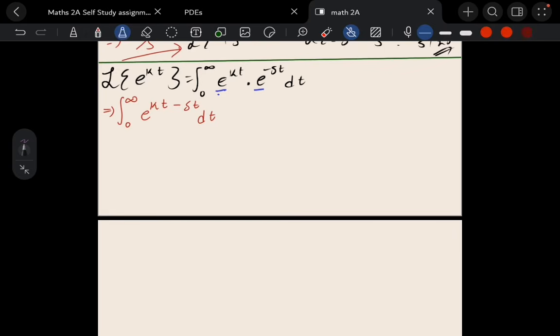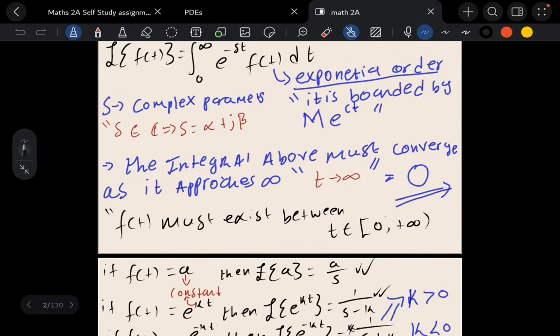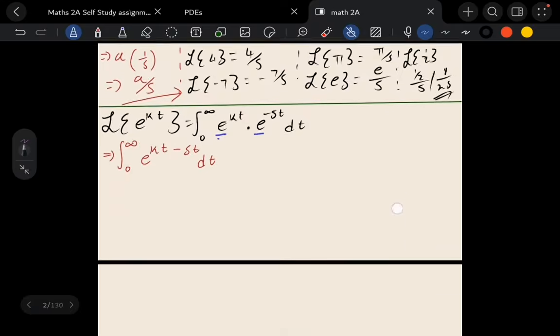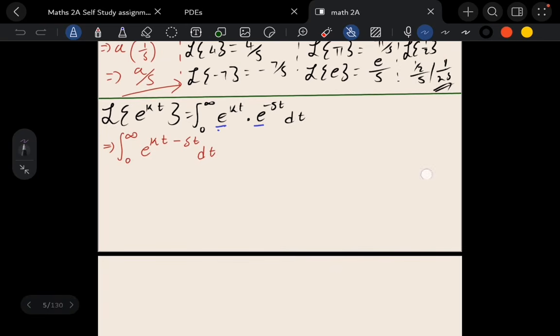There was a thing that I said here, that the Laplace transform must converge to 0. Listen to me. For the Laplace transform to converge, your exponent of e must always be negative.